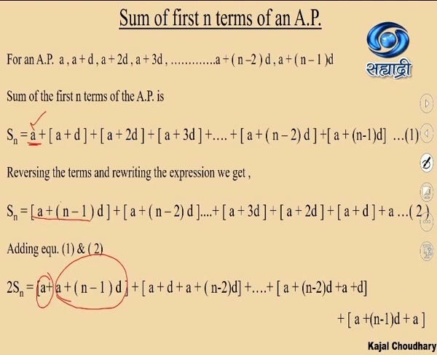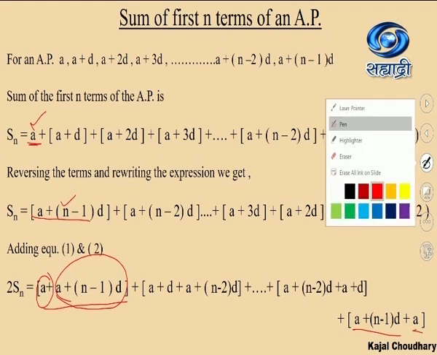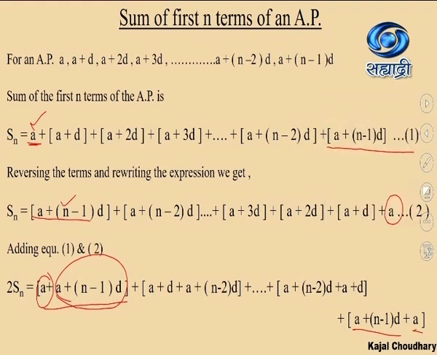Similarly, if you check the last term, this a plus (n minus 1)d appears here, and the a from the first equation appears over here. So the numbers are going to be the same.